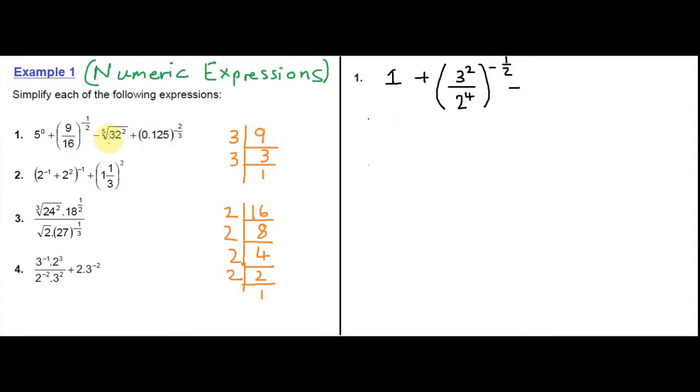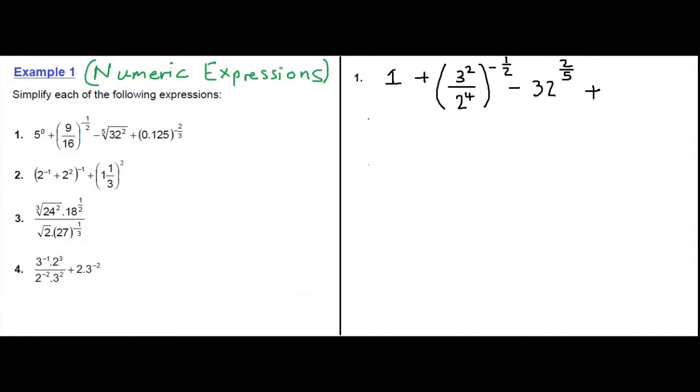I'm going to write the fifth root of 32 squared as 32 to the power of 2 over 5. So just writing the root as an exponent. Then we want to write this decimal as a fraction. So 0.125 we know is the same as 125 over 1,000.